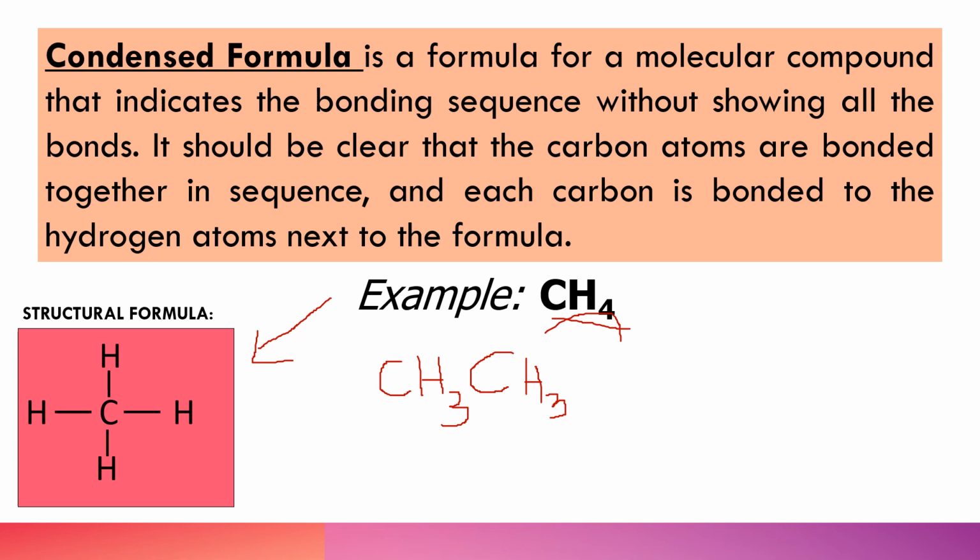Now, let's draw the structural formula of ethane. In ethane, we have 2 carbons and 6 hydrogen. So we have to write 2 carbon atoms and 6 hydrogen atoms.